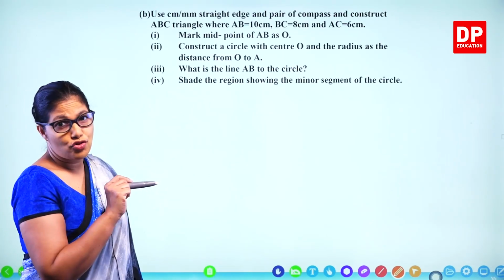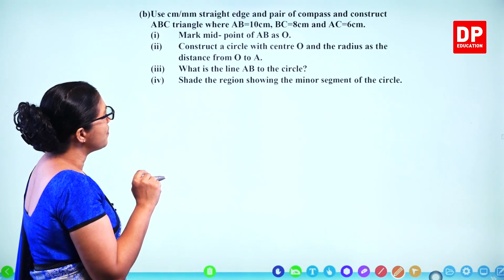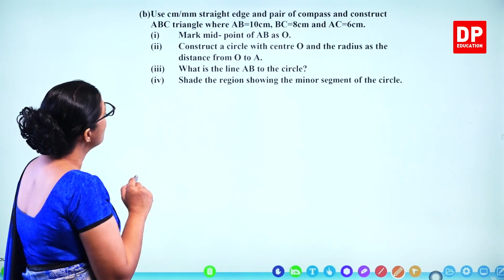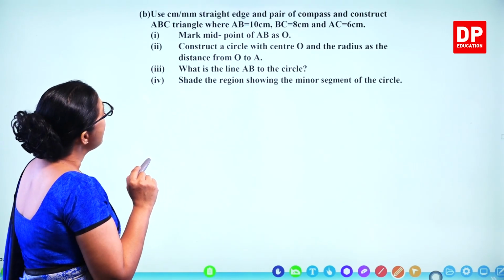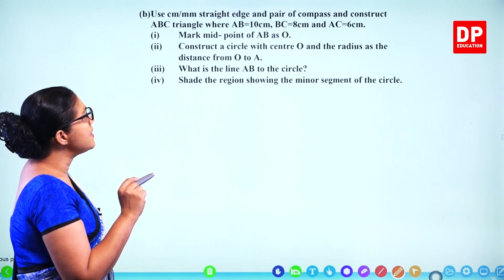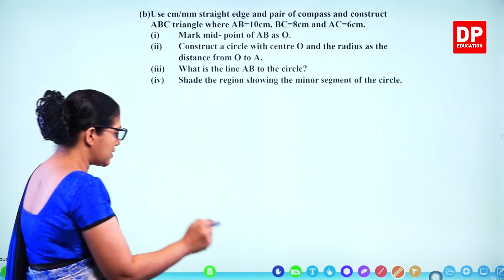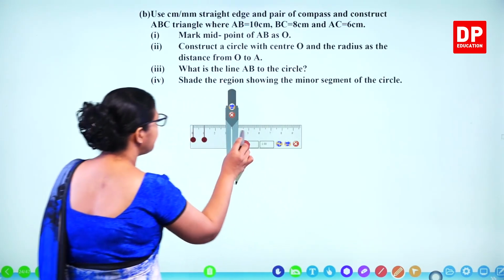That's construction. So you can use only the straight edge and pair of compasses to construct this diagram. So 4 parts are there. So we'll do it. ABC triangle you have to construct where AB is 10 centimeters, BC is 8 and AC is 6 centimeters. So we'll take the ruler and the compass.